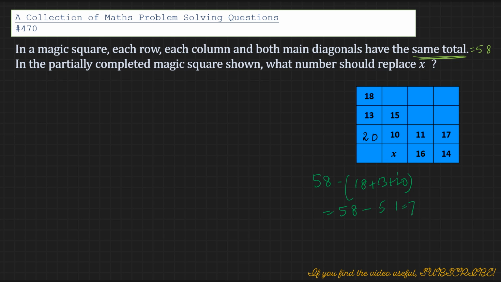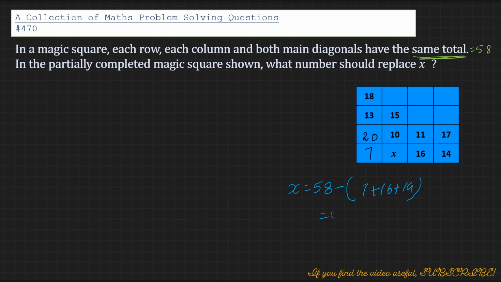So this number would be 7, and therefore it's very easy to find out what x is, because x would simply be 58. Change the pen color. So x would be 58 minus 7 plus 16 plus 14.